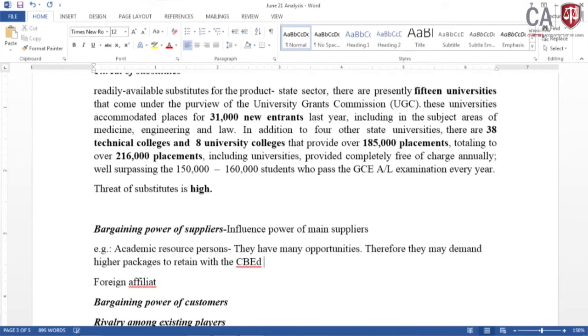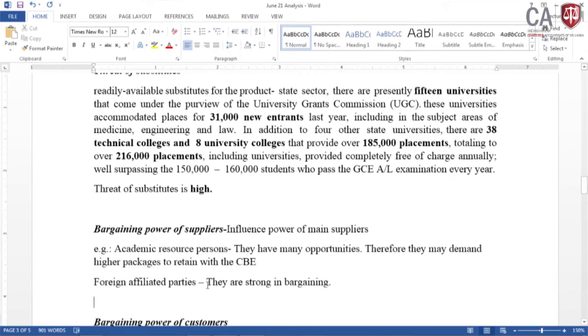So, what do you think about them? They are strong in bargaining, right.